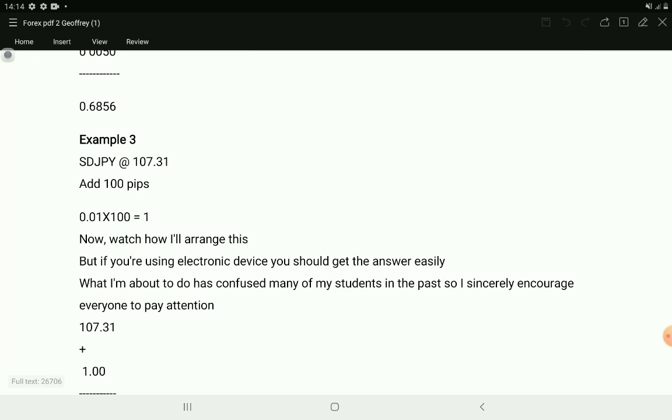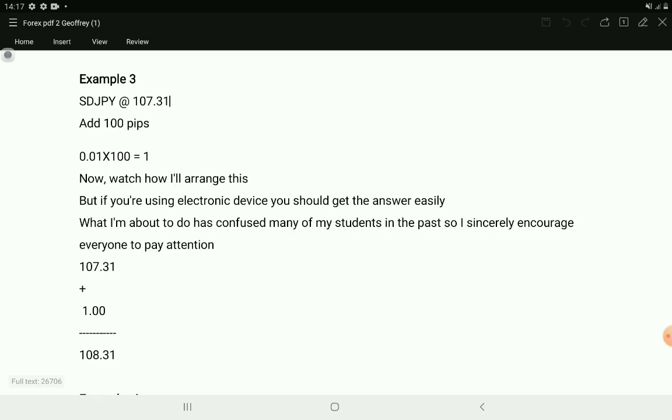See example three: we have SGDJPY, the Singapore dollar paired with the JPY. The value after the decimal point has 2 figures, because we calculate our pips from the number after the second decimal point.